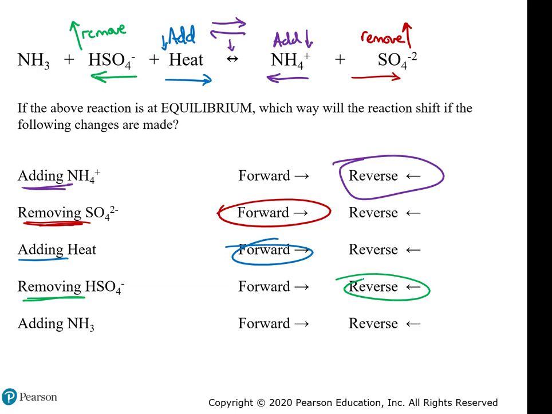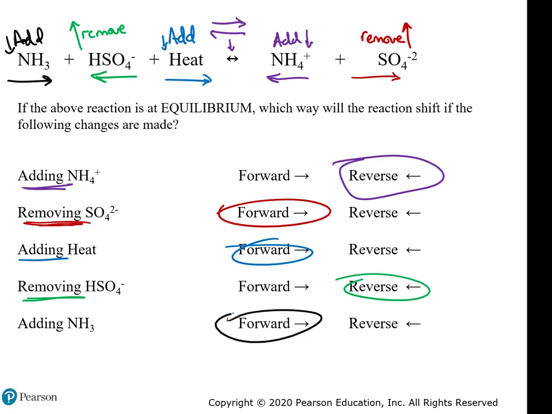And then the last one, what if I add NH3? So if I add, the reaction shifts away. So that's going to cause the forward reaction to occur. And the goal is, it doesn't cause it all to occur, it just brings it back to equilibrium.